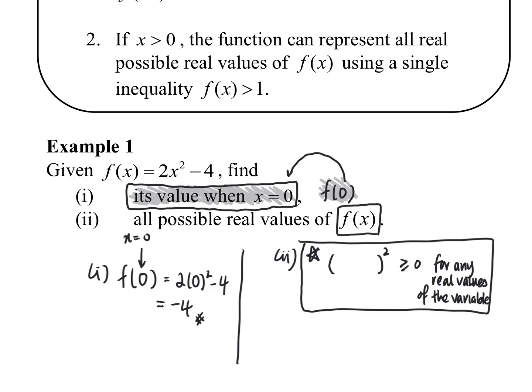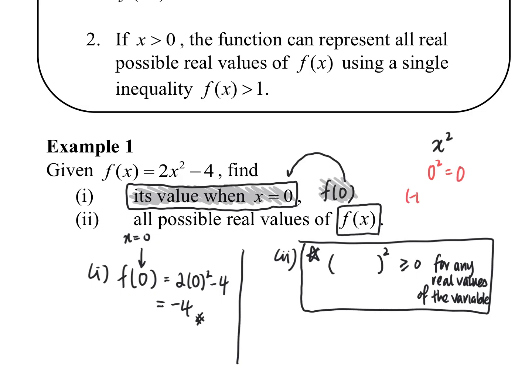Because if I just put it simply as x squared, what is the smallest possible value of x you can put in such that x squared gives you the lowest value? What is the smallest value you can think of? 0 squared still gives you 0. That's the minimum already, right?